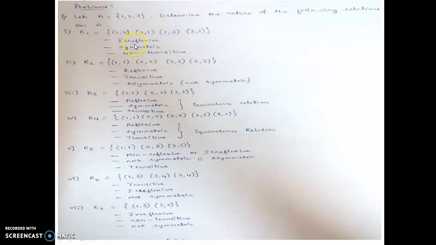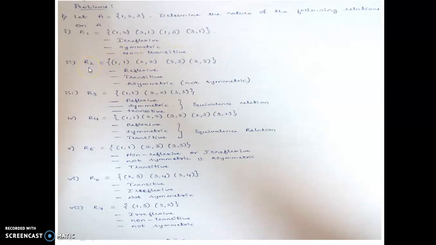Here that is not the case, which is why it is irreflexive. And symmetric, there is a case where (2,1) and (1,2) are both present, so that's why it is symmetric. In this way this relation holds these three properties: irreflexive, symmetric, and non-transitive.